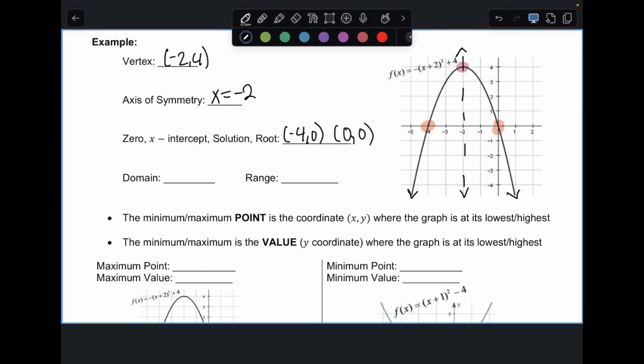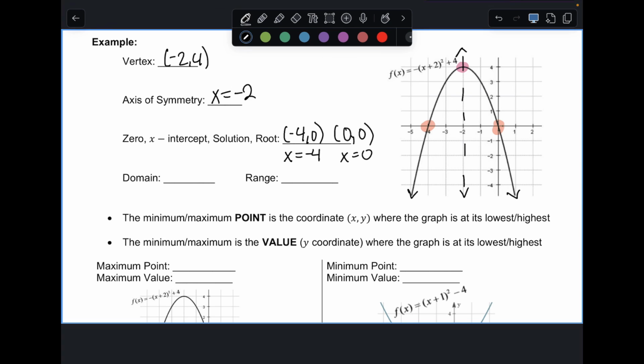So if it's asking for the x-intercept, that's probably the way that I'll put it. But when we talk next week about zeros, solutions, and roots, you're probably going to see it as x equals negative 4 or x equals 0. So just be aware, if you're solving things, you probably have x equals a number. But if you are graphing things, you probably write those as an ordered pair. Okay?